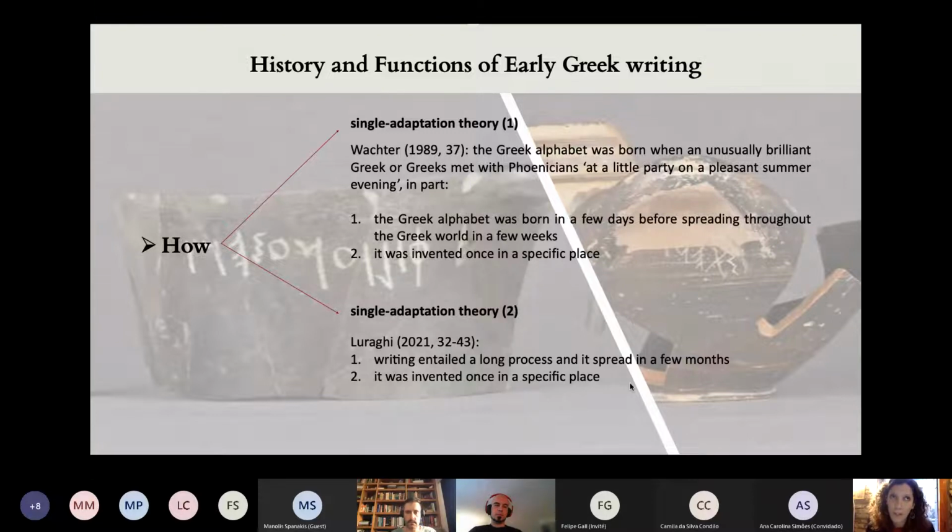So if you think that this alphabet was conceived for definitions, and that the Greeks had to adapt it to their language, it seems very suitable that it was something that occurred over years, a long process of systematization and many experiments of which we will probably never be aware.